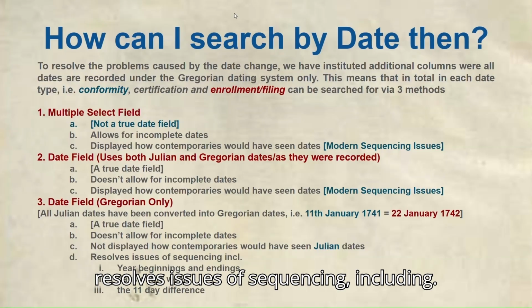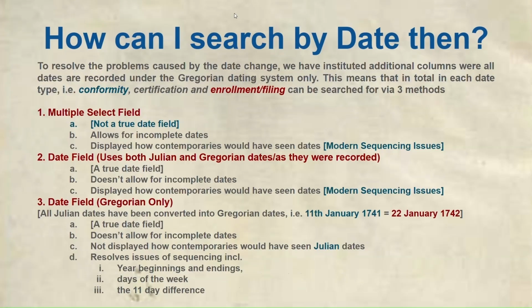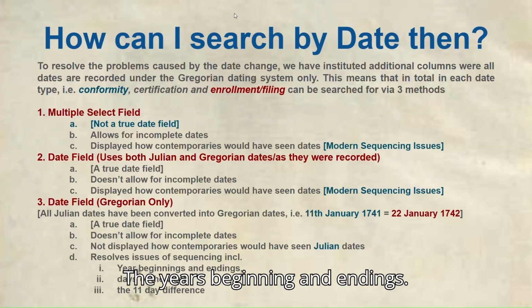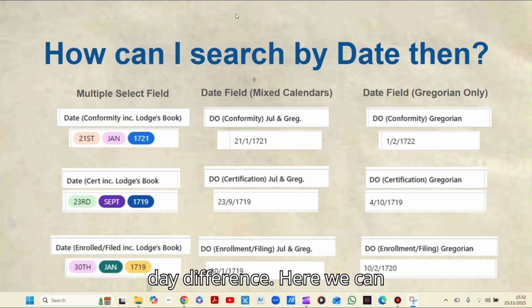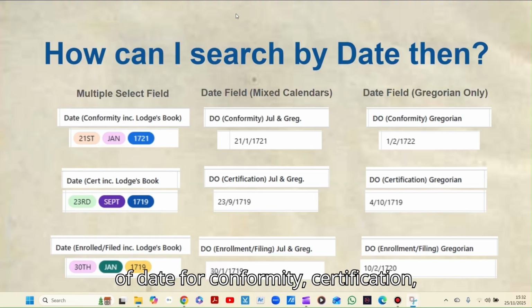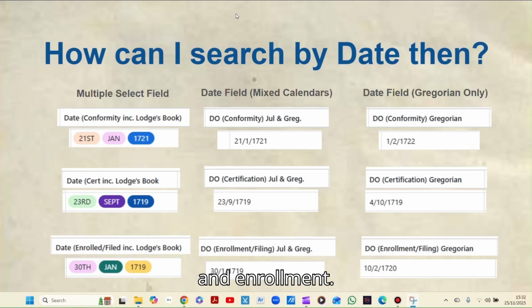But it resolves issues of sequencing, including the year's beginnings and endings, the days of the week, and the 11 day difference. Here we can see an example slide of each of the 3 methods for each of the 3 main types of date, for conformity, certification, and enrolment.